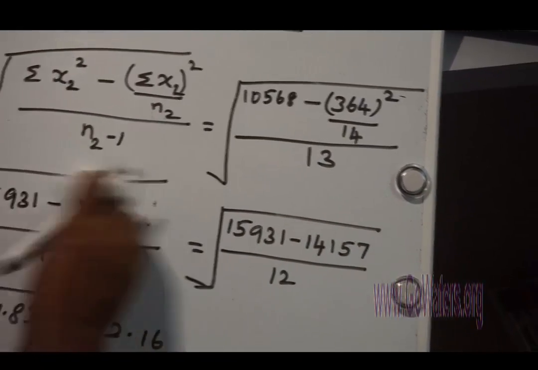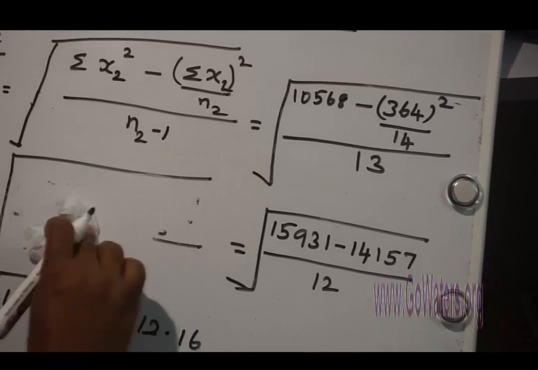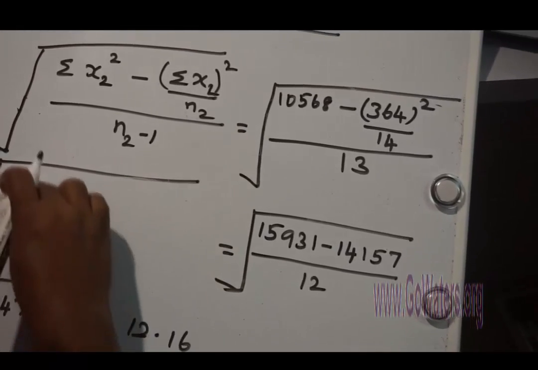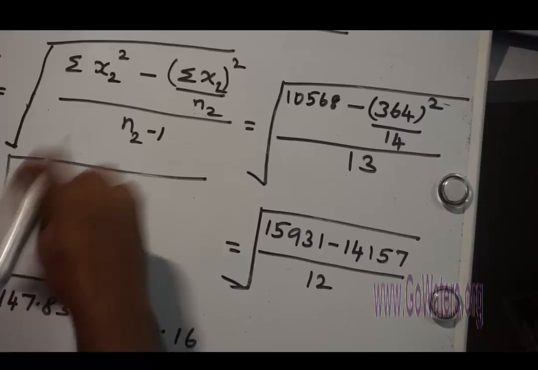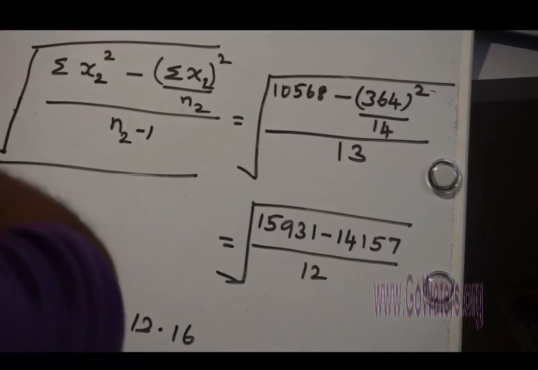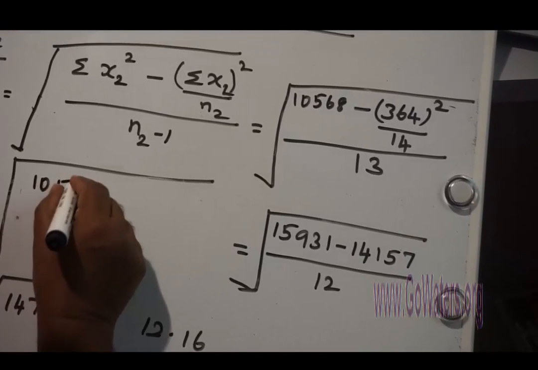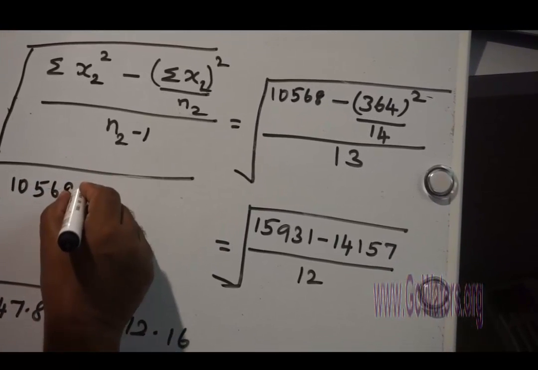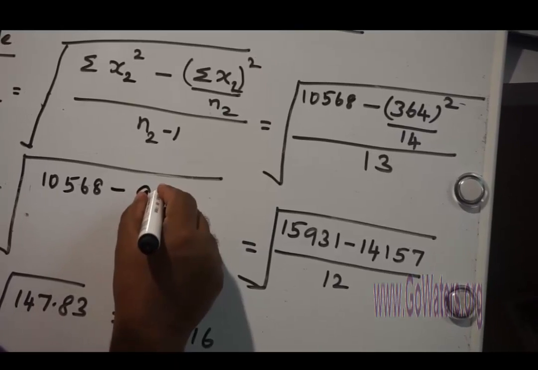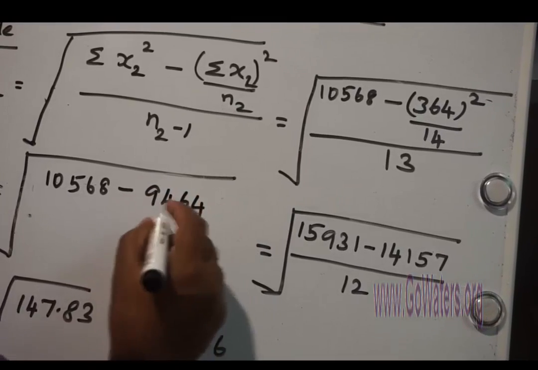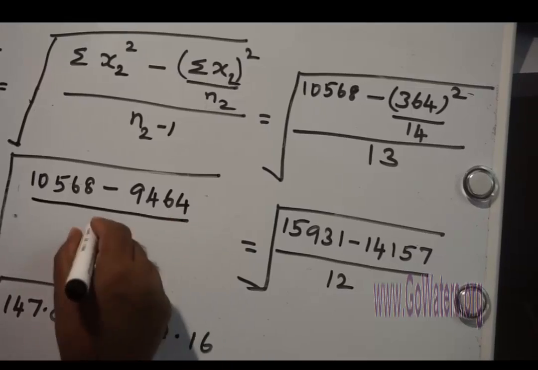So this will be 10,568 minus 9,464 divided by 13.